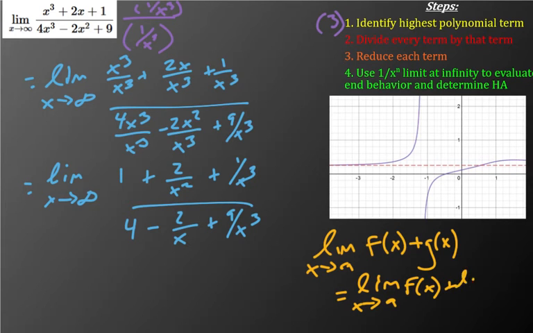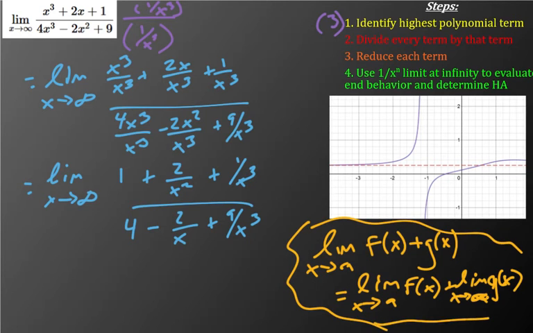So you can just basically apply the limit to individual terms, which is the nice thing that we'll use. So that's something that you'll learn about in a calc class or a pre-calc class. They'll talk about these limit properties, and that's a really nice one that we can just use.